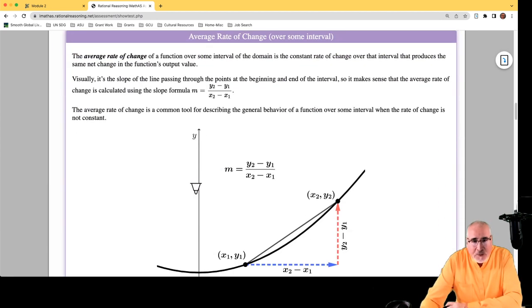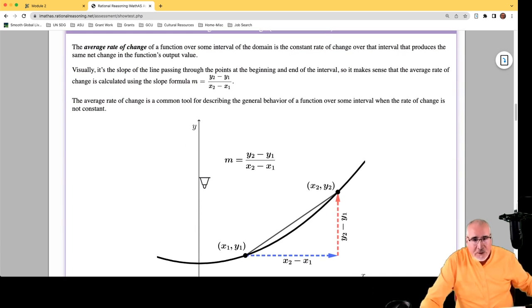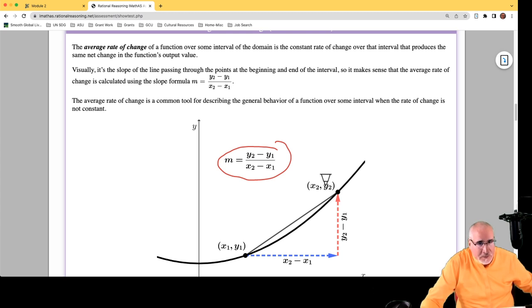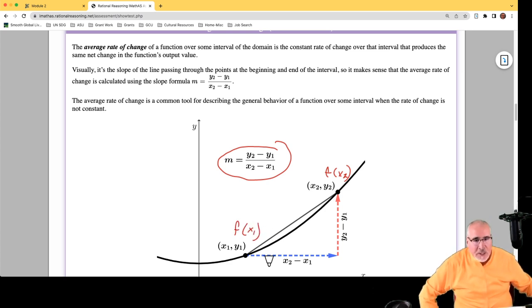Okay, so what we've done is, again, like we talked about, we're getting the slope of a straight line that would connect those 2 points. We use the function values to get the y values given the x values, right? So this y2 is really f of x2. That's how we got it. And this y1 is f of x1, just different symbols to use.